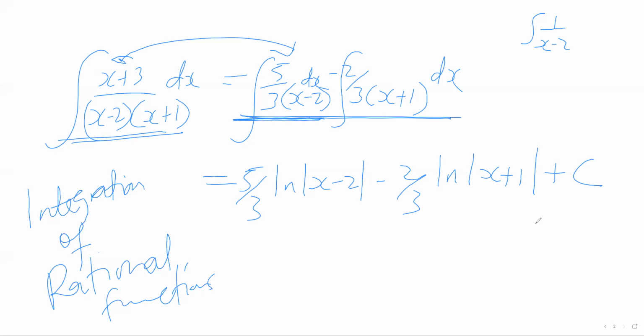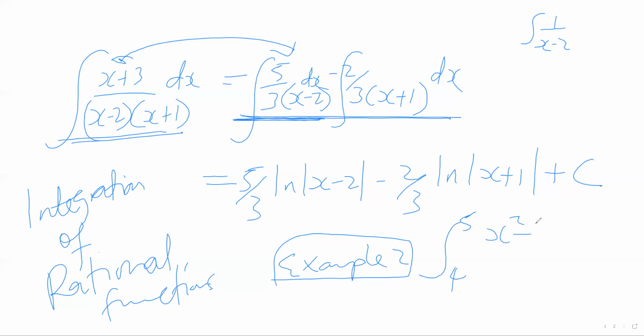Even if you have a function, for example, this is the one I'm going to leave as a task for you to practice. If I'm integrating this function from 4 up to 5, we have (x squared minus 3x plus 10) over (x squared minus x minus 6).